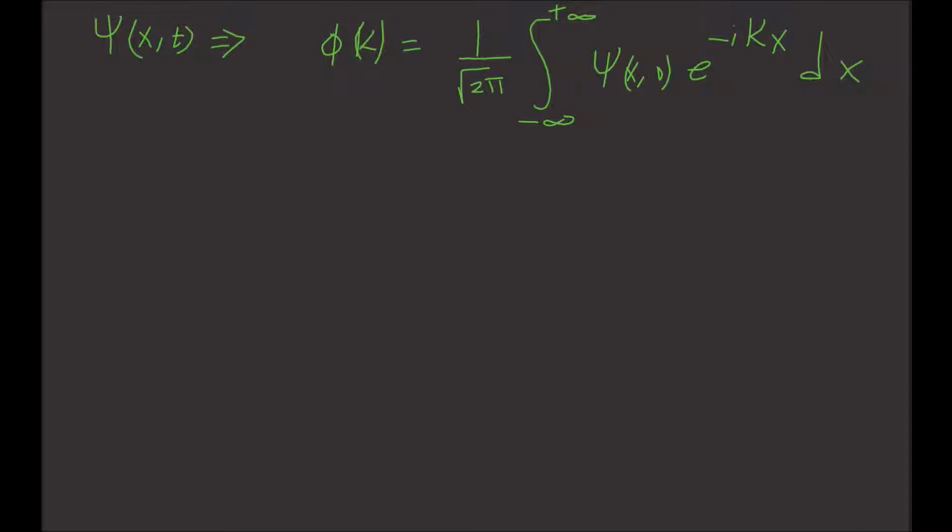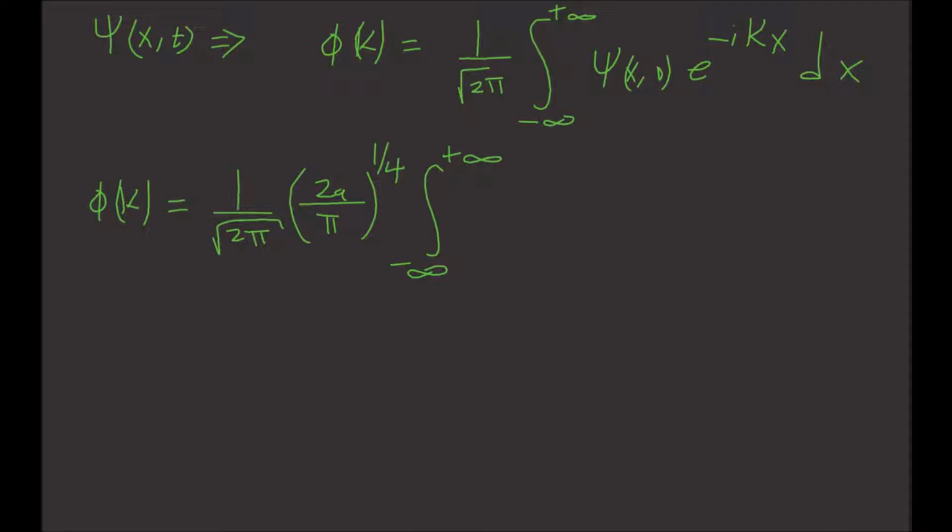So let's use that. Now we have phi of k equal to 1 divided by square root of 2 pi times our normalization constant, 2a divided by pi to the 1/4, times the integral from negative infinity to positive infinity of our wave function, which is e to the minus a x squared times e to the i L x times e to the minus i k x dx, right?